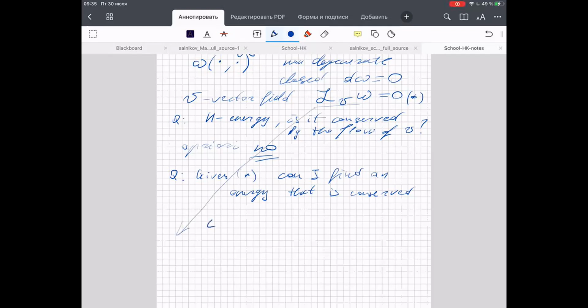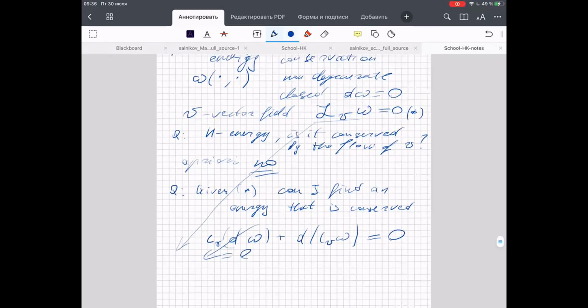It was, as before, the contraction applied to the exterior derivative of omega plus exterior derivative contraction omega. Okay, I'm supposed to write V here. Sorry. Up. V. And I'm saying that this is vanishing. Okay, this is vanishing by itself, right? Because of that. And this is a condition.